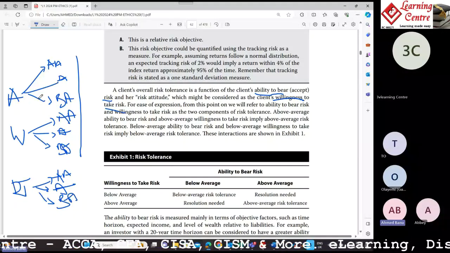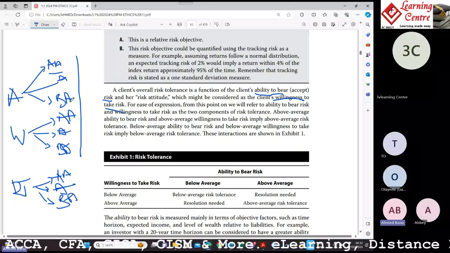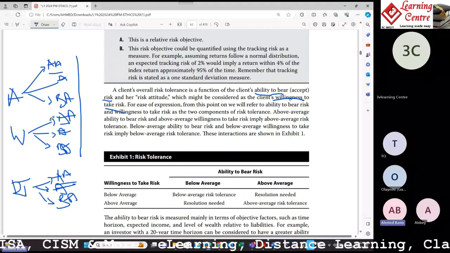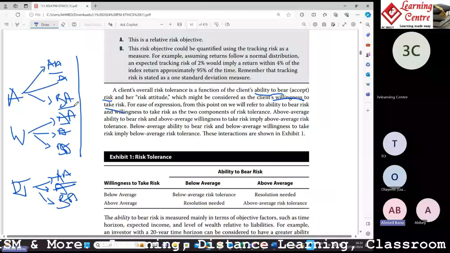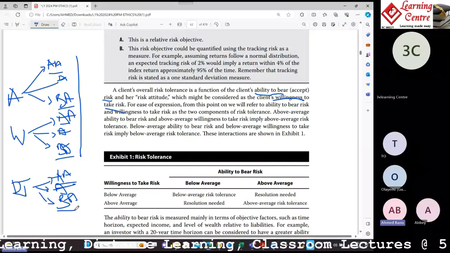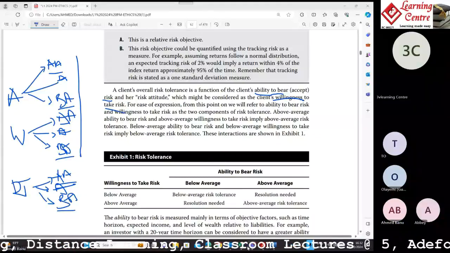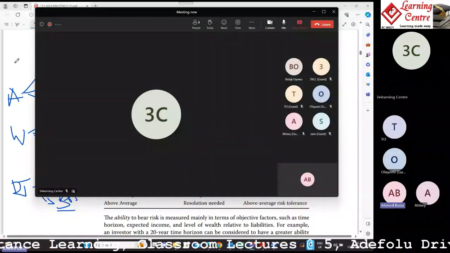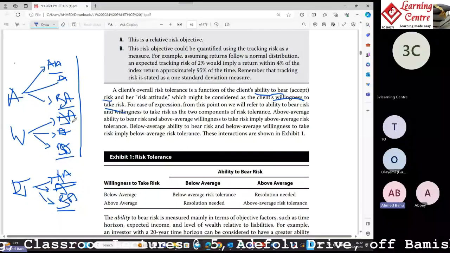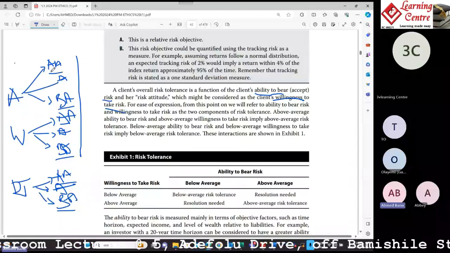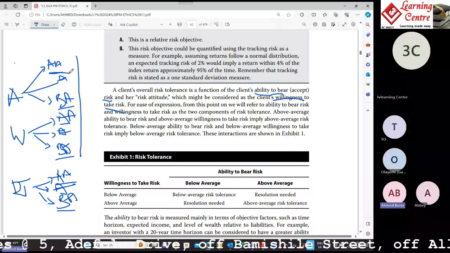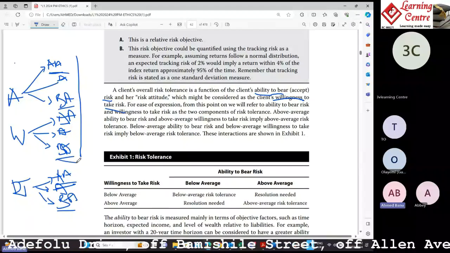So if your ability to take risk is above average and your willingness to take risk is above average, automatically your risk tolerance is above average. If your ability to take risk is below average and your willingness is below average, then automatically your risk tolerance is below average. Now, where we have some sort of conundrum is when your ability to take risk is above average, meaning you have all the resources in this world to take risk, but your willingness to take risk is below average.